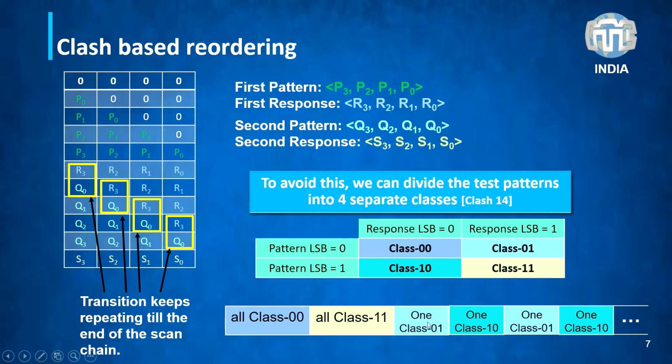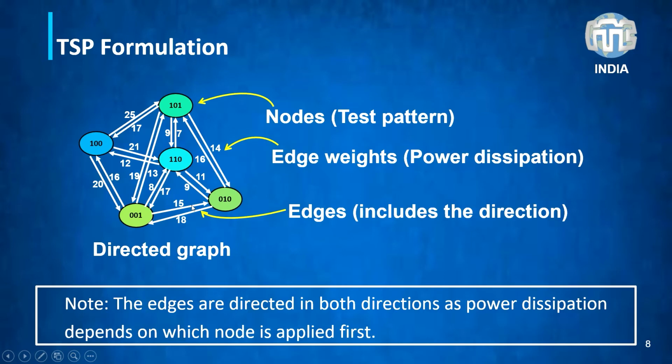Then after that we pick one class 01, and next we pick another class 10, and we keep this pattern in an alternating manner. This ensures that R3 and Q0 are not complementary to each other. By rearranging in this manner, they try to reduce the overall power dissipation.